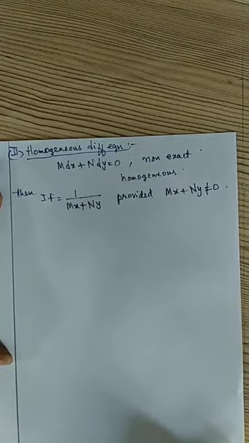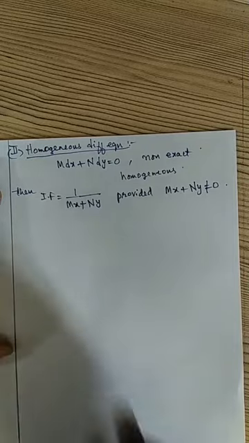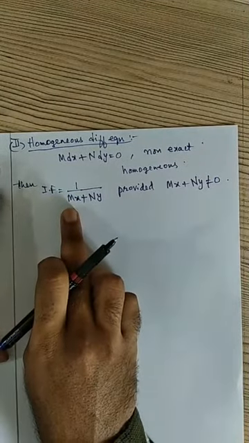So the given equation should be non-exact, the inspection method should not be applicable, and the given equation should be homogeneous. Then the integrating factor is given by 1 by Mx plus Ny.